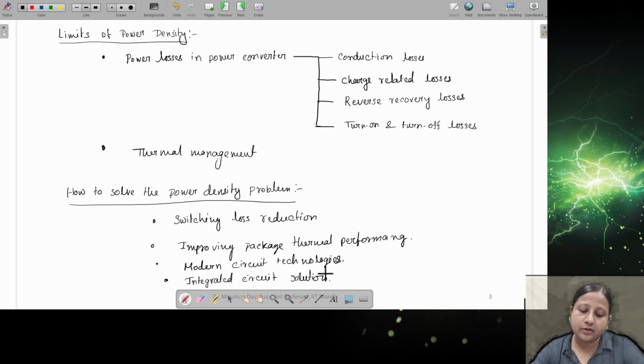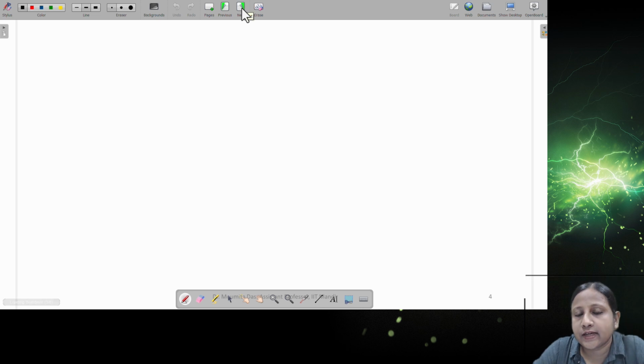Okay, so these are the problems and this is how we can solve. So let's see how this power density is trending. Starting from the beginning, when semiconductor devices first came and then power electronic systems developed due to that.